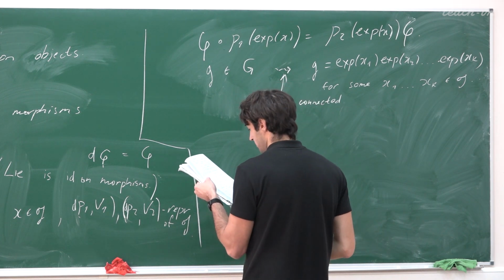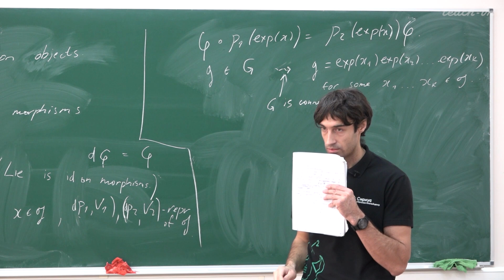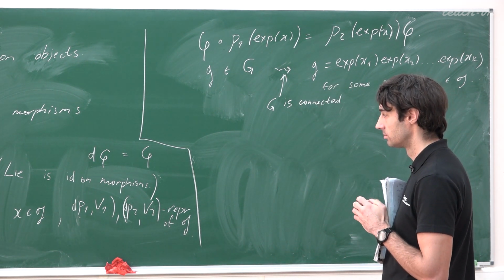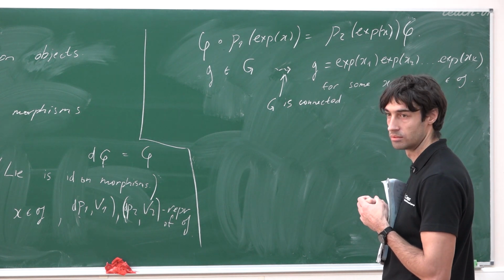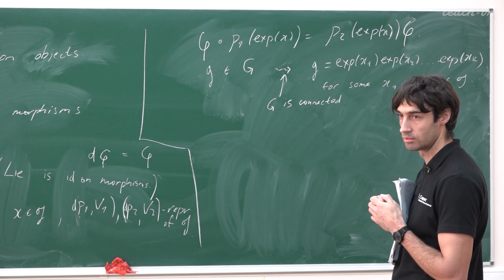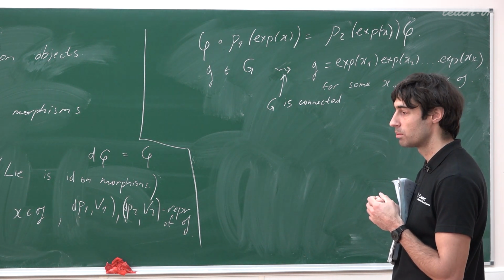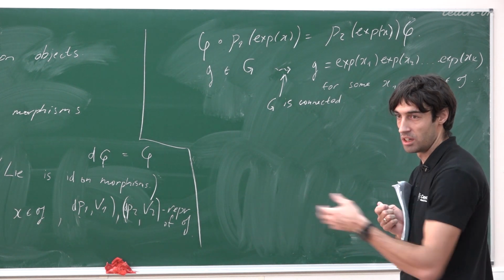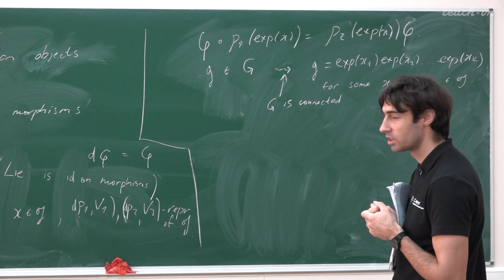And why do we suppose that the representations of the Lie algebra are of the form differential of something? Because I really would like it to be in the image of my functor Lie.